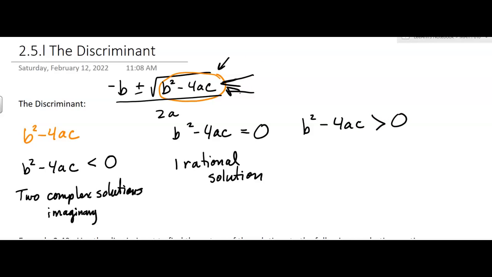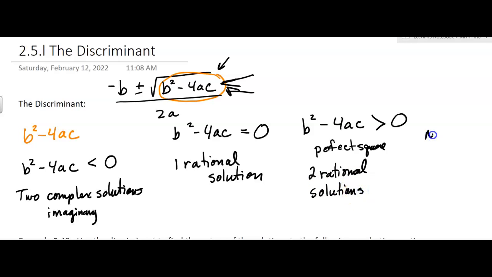Okay, if b squared minus 4ac is greater than 0, well, then you have a positive number under here. And one of two things can happen. If it's a perfect square, you're going to get two rational solutions.